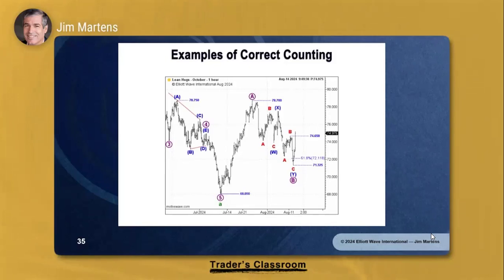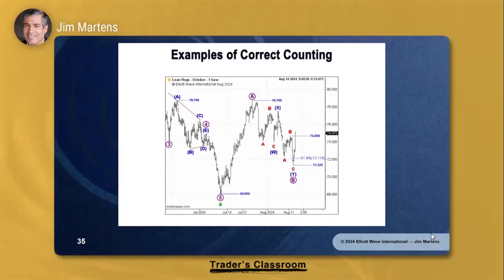As an example, I have to change the count again, but not the overall outlook. This is an important distinction. Early in my career, I was all about the count. What's the right count? As I progressed and gained more experience, I've decided that I'm using the wave principle to stay aligned with the trend of the market.